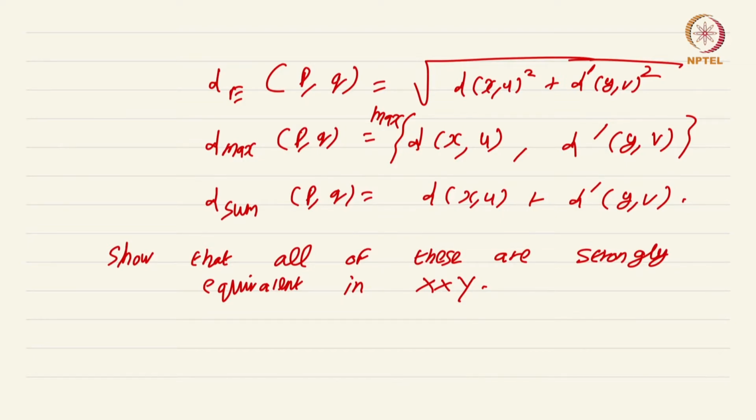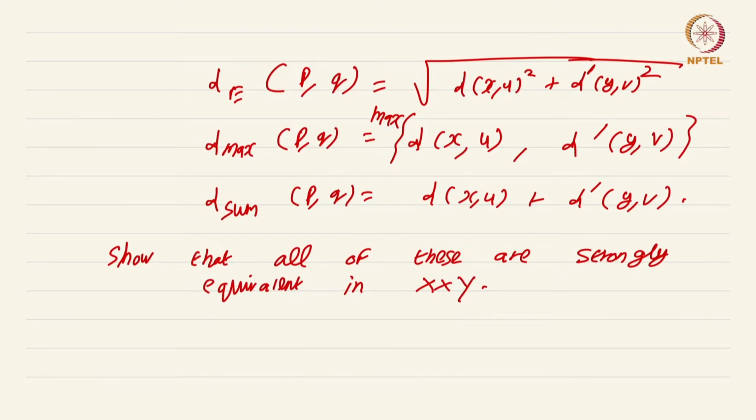It turns out that all three of them are strongly equivalent. So from the perspective of studying sequences, continuity, Cauchy sequences, completeness, etc., all of these metrics can be used interchangeably, and we will use the metric which is most convenient for the situation.